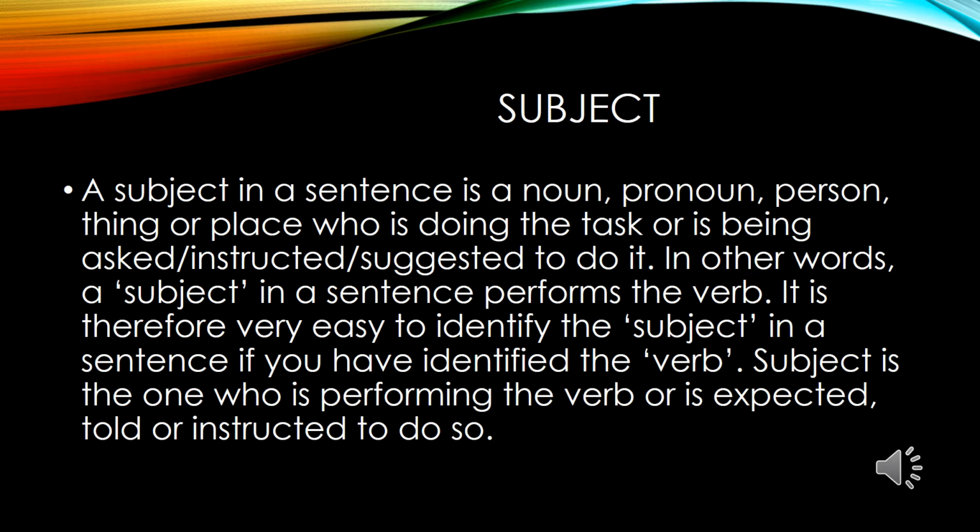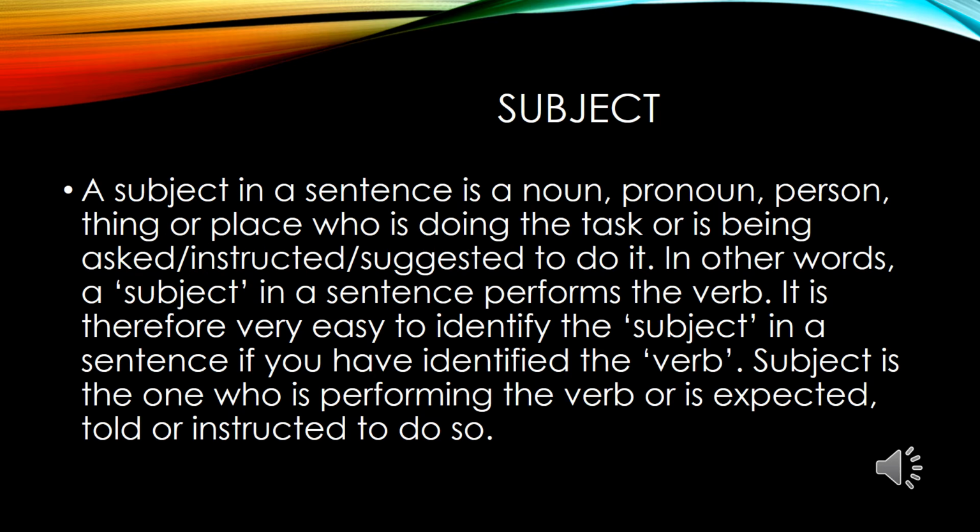How to identify the subject? A subject in a sentence is a noun, pronoun, person, thing, or place who is doing the task or is being asked, instructed, or suggested to do it. In other words, a subject in a sentence performs the verb. It is therefore very easy to identify the subject in a sentence if you have identified the verb.